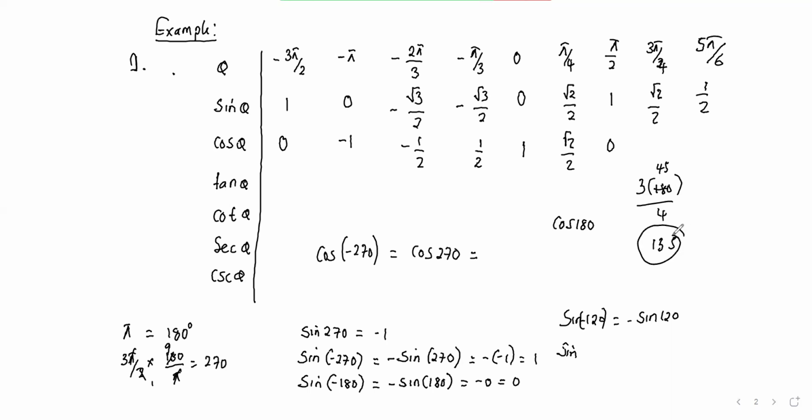So 135 is in the second quadrant, and we are getting 45, so it means that this is going to be negative root 2 over 2. And then 5 pi over 6, that was 150. So 150 is in the second quadrant. Sine 60, that is root 3 over 2. Okay.